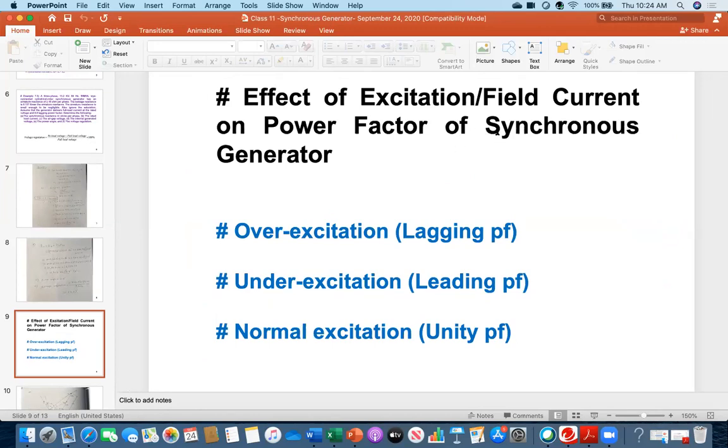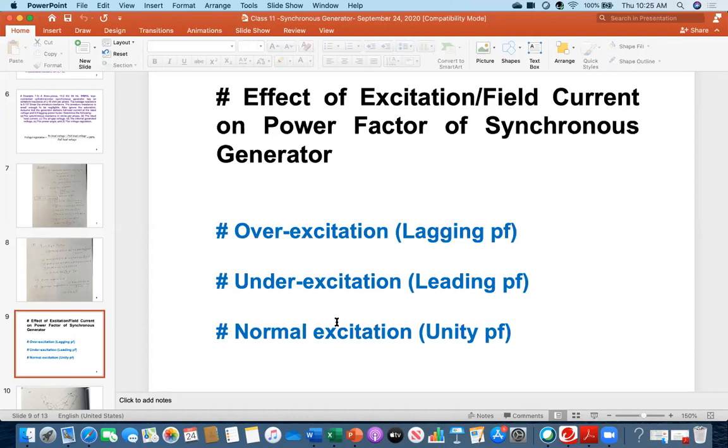So depending on the amount of excitation, whether too much excitation, under excitation, or normal excitation, power factor varies.